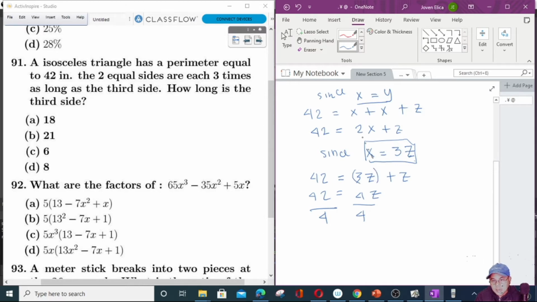The value of X is 3Z, times 2. So this should be 6Z plus Z, which is 7Z. This is supposed to be 7. Let's erase to make it clear.